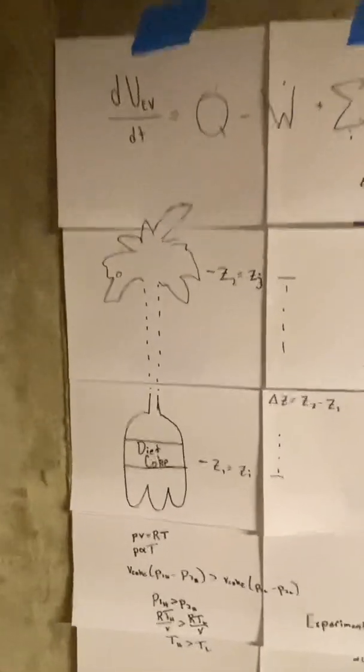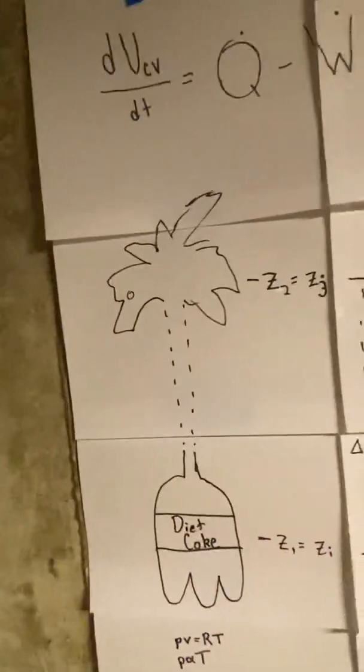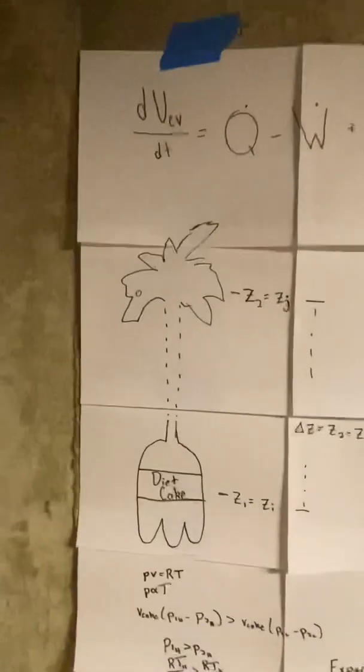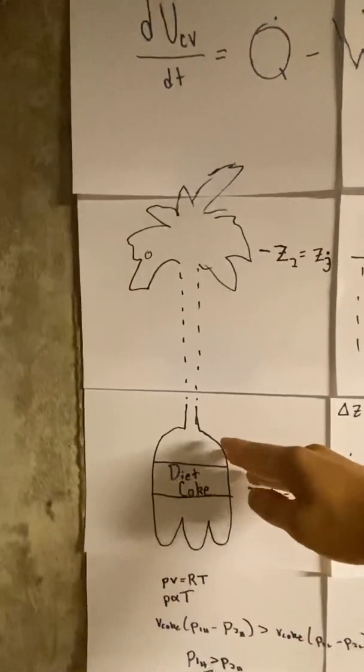And the way I set the mass up is I define mass to be the total mass. So I'm going to prove that for the total internal mass energy for the Diet Coke.